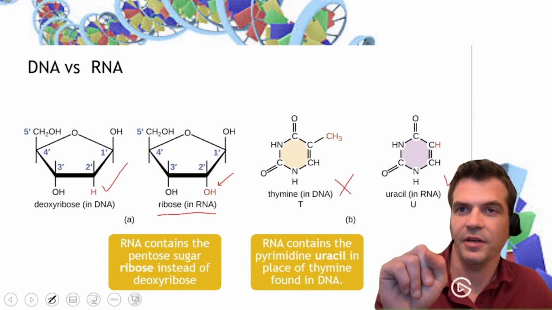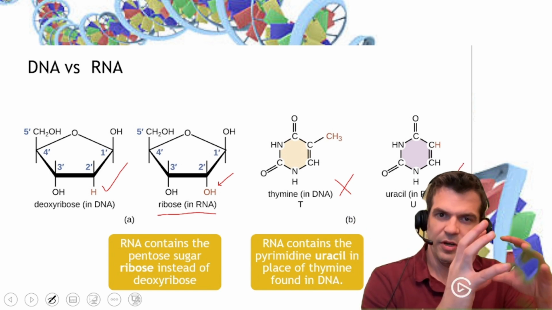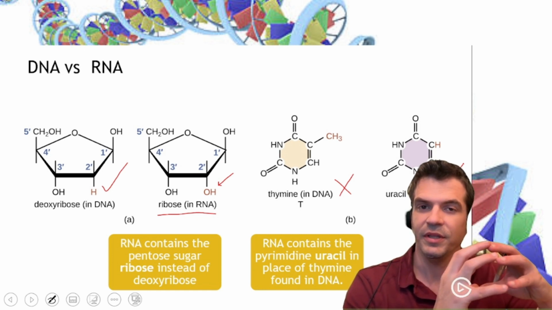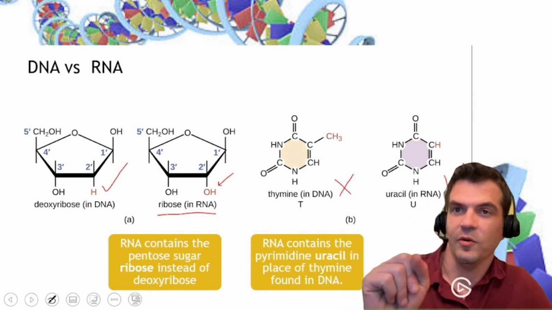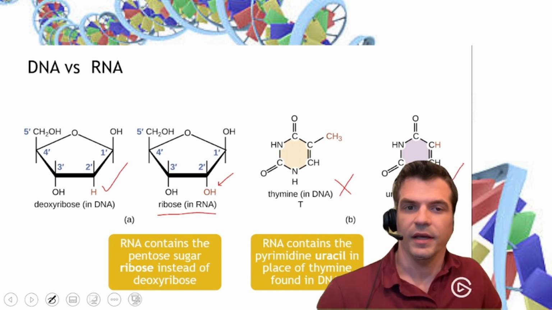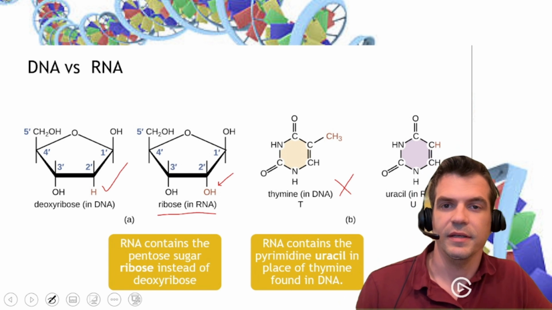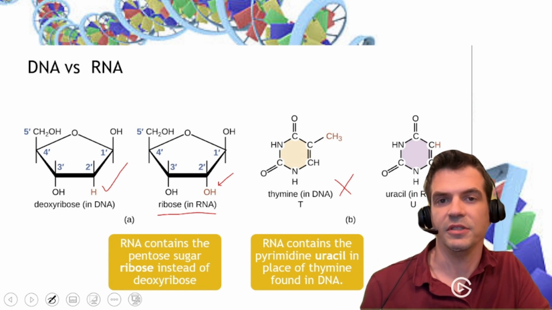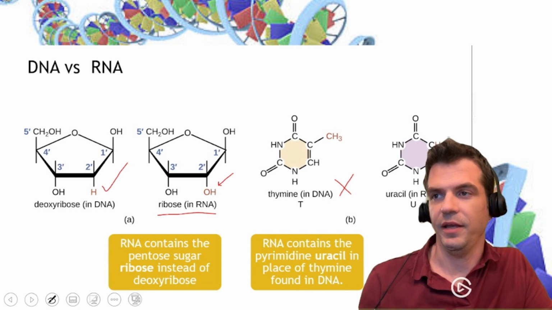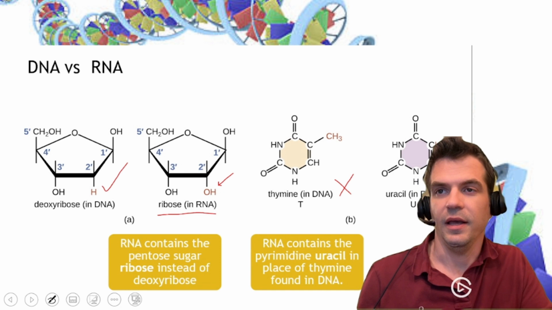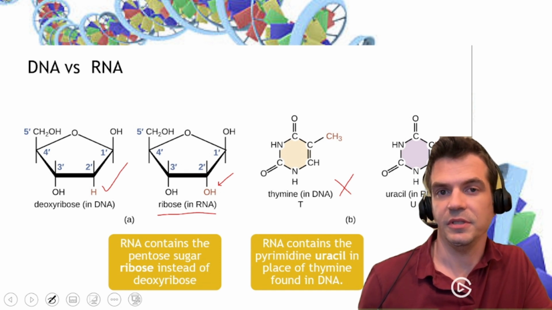But when I'm using RNA and I'm getting my RNA apparatus in place and I'm putting it on the DNA to actually do something with that DNA, I'm going to copy it using uracil. And so that is the two fundamental differences between DNA and RNA. The ribose versus deoxyribose and uracil instead of thymine.